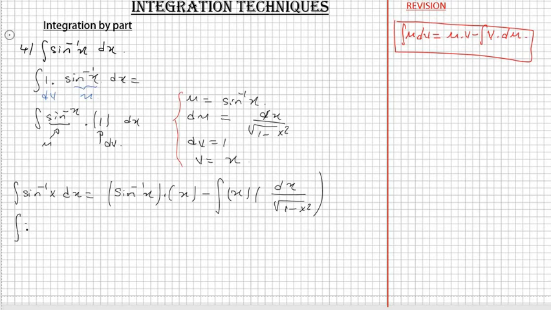Another way: the integration of the inverse sine of x dx is equal to x multiplied by the inverse sine of x, minus the integration of x dx divided by the square root of 1 minus x squared.